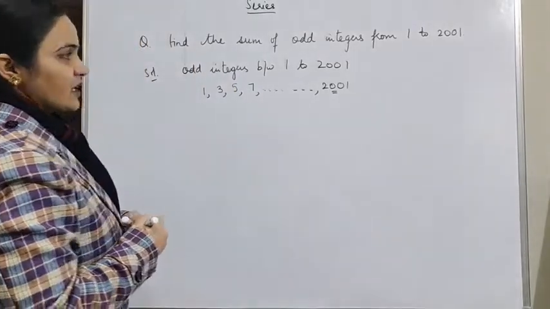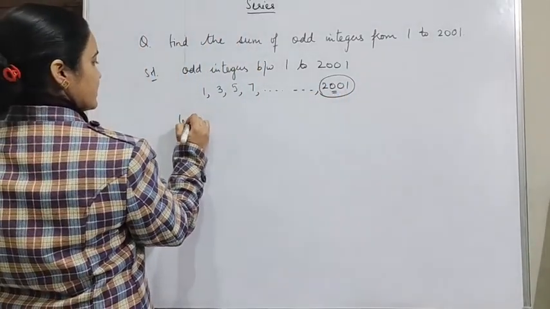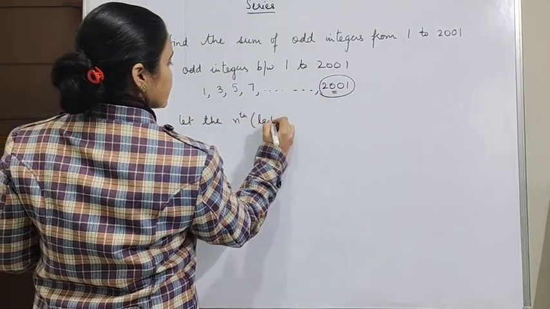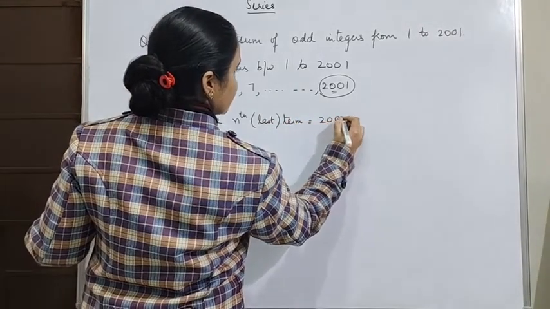So how to find the number of terms? This is our last term. So let the nth, or you can say last term, be 2001.